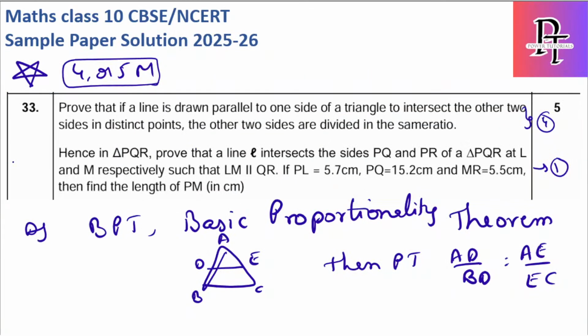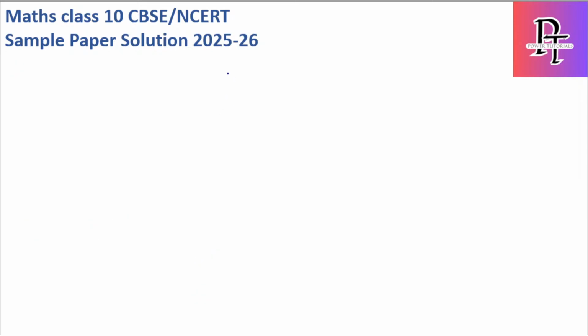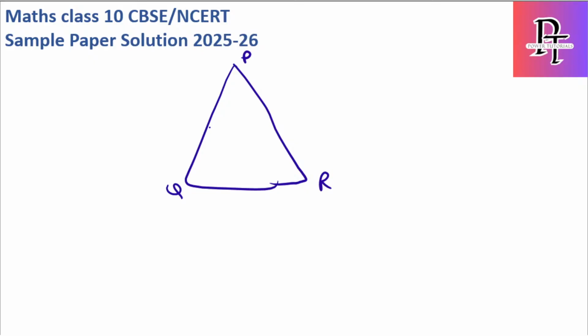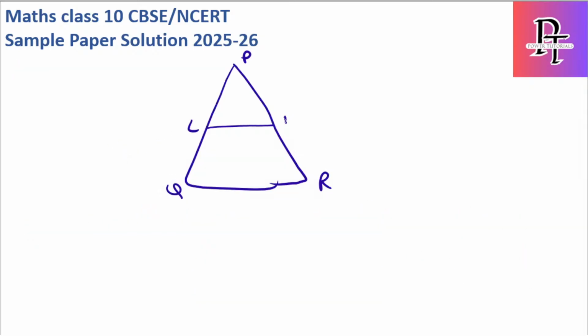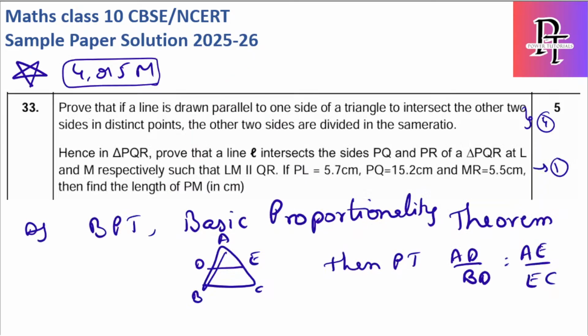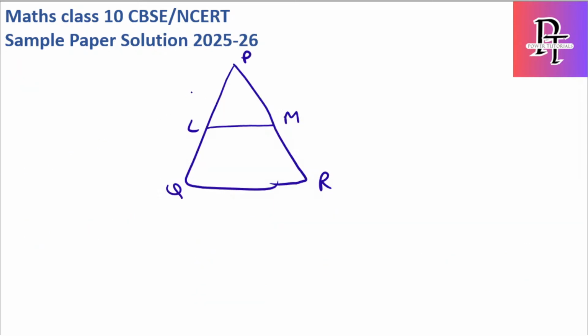Now let's solve the other numerical, which is of 1 mark. You have a triangle PQR such that a line intersects PQ and PR at L and M. This is L, this is M. PL is 5.7, and PQ is 15.2.